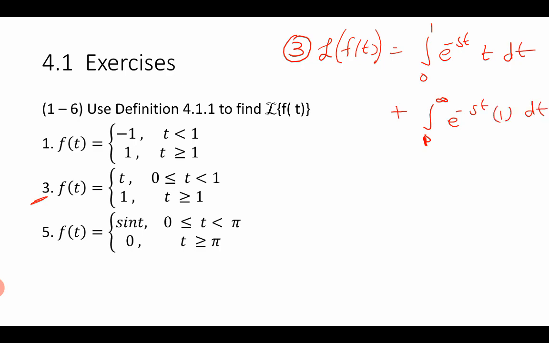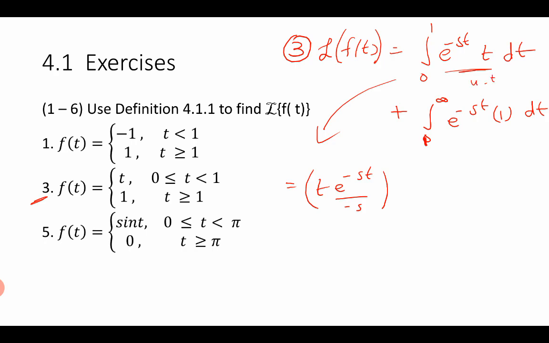Now integrate the first part by using integration by parts. That is known to you, and I am not elaborating it. When you integrate using integration by parts, you will find t into e raised to minus st divided by minus s. This is uv, isn't it?